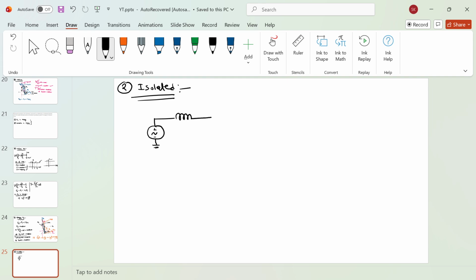Let's say it has a load, and the load can be a constant impedance load, constant power load, or constant current load. There are three main types of loads. Let's say this is your terminal voltage Vt and this is your EF.